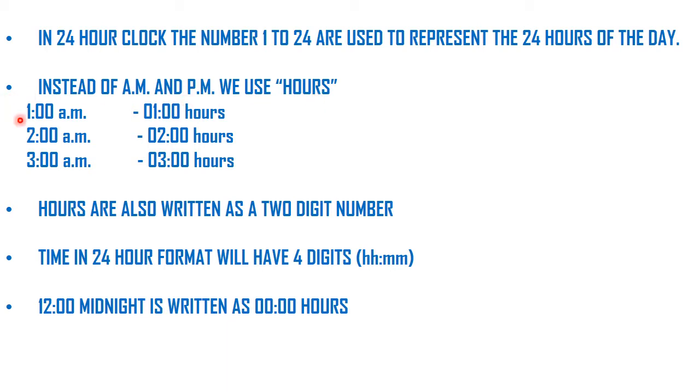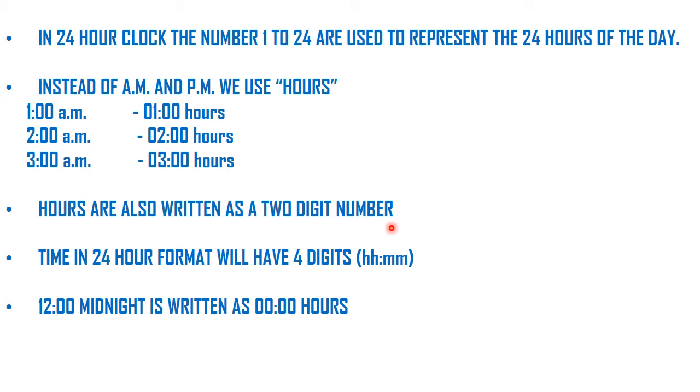For example, 1 AM will be written as 0100 hours. 2 AM will be written as 0200 hours. 3 AM will be written as 0300 hours. You must note here that when the time is converted from 12-hour format to 24-hour format, the hours are also written as a 2-digit number.